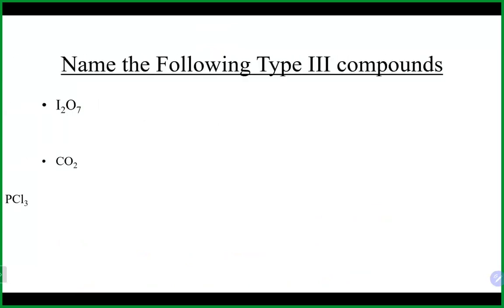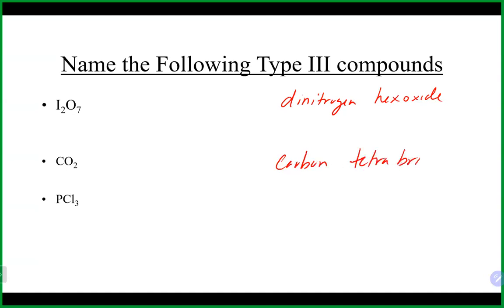All right, so why don't you name these, and when we give you some formulas or names, write the formulas for them. So why don't you write the formula for dinitrogen hexoxide. Why don't you do carbon tetrabromide?